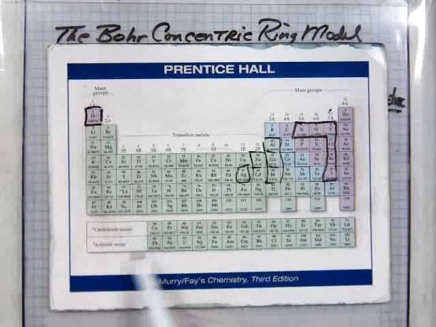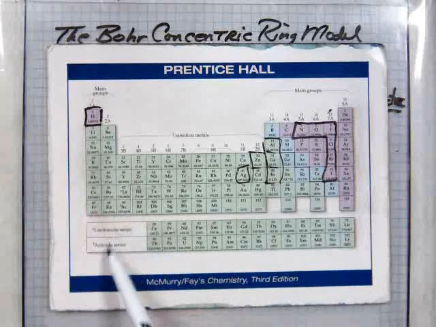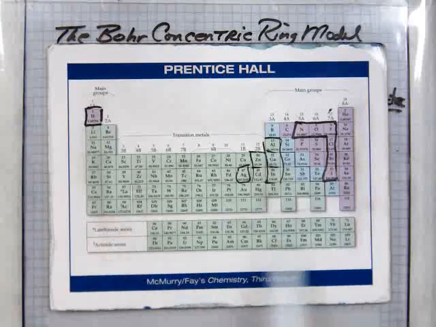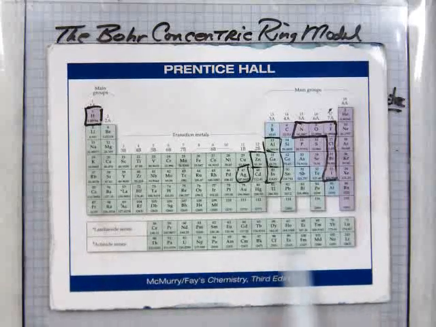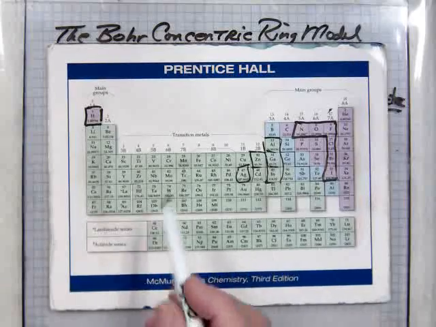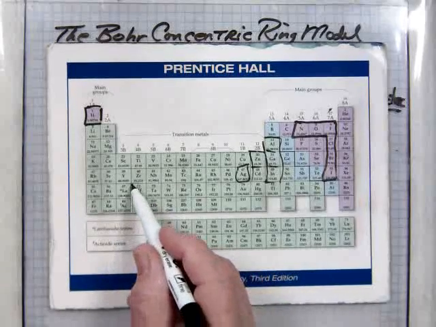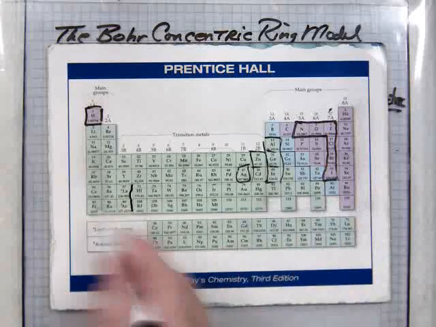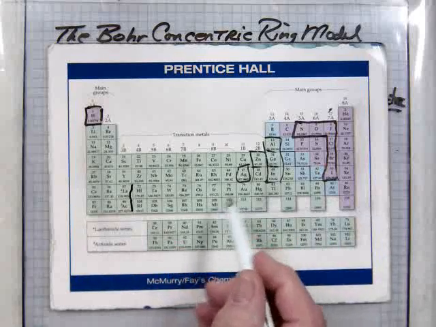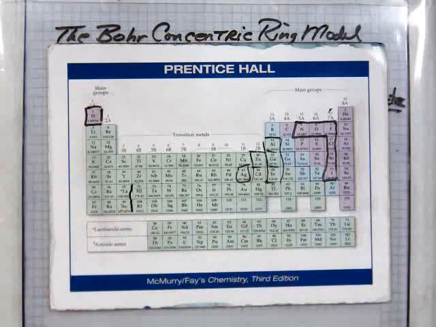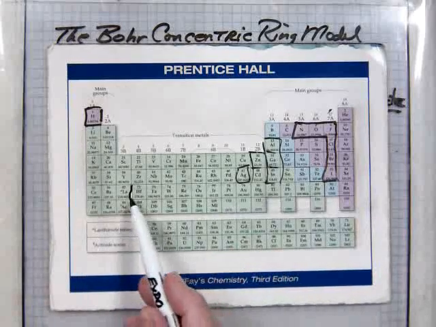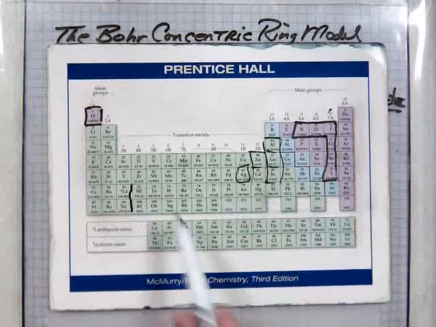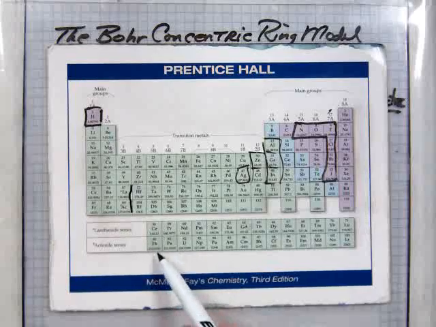Now notice how, if you recall, when we studied the lanthanide-actinide rare earths, they go into this position right here, and this is separated from the table for convenience more than anything. But these two are part of rows 6 and 7.